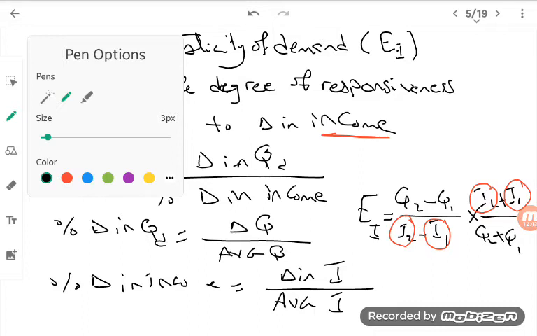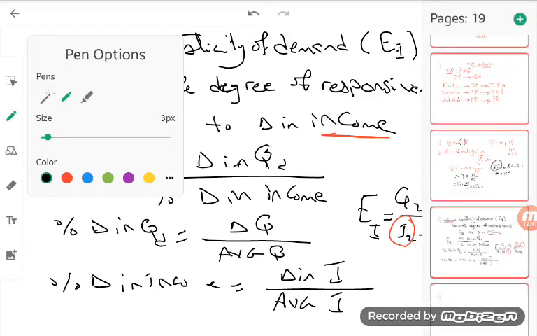The value of income elasticity of demand ranges from 0 to infinity. But this time, it can be positive or negative. This is related to the type of the commodity, whether it is normal goods. So the relationship in this case will be positive relationship, as we said before. If income increases, the demand for the normal commodity is going to increase.